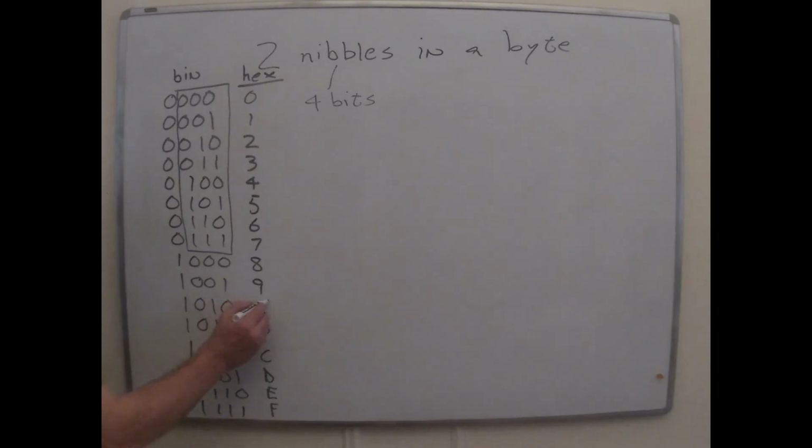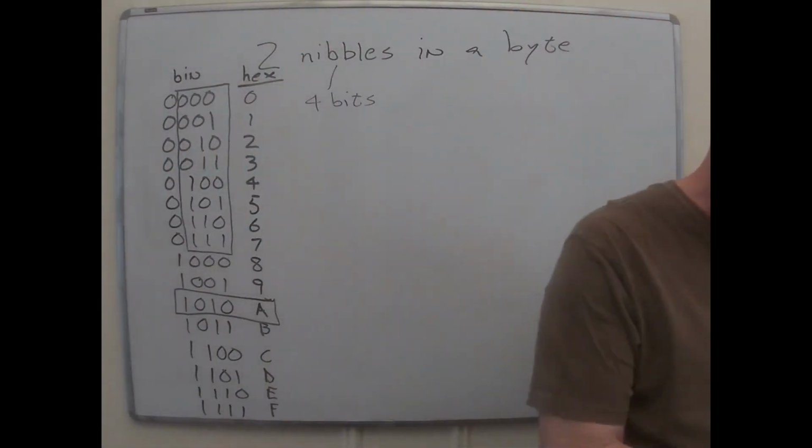I always like to point out that A is a great spot to reset things and remember where you are, because A is 10. Really, it's the letter that stands for a decimal 10, and its binary representation is 1010. It's kind of cute, right? The other good point to remember is that F is all ones. F is 1111.